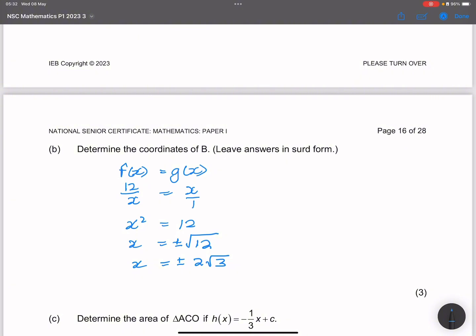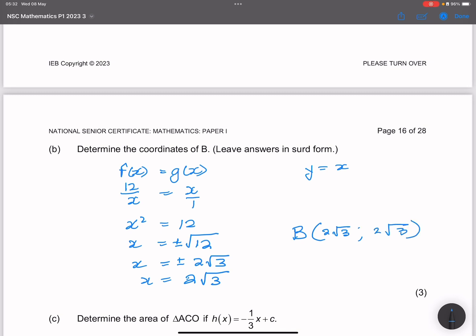So x will be equal to only positive 2 root 3. And they said the coordinates, so what would be the y coordinate of it? Remember we've got the line y is equal to x, which means whatever the value of x is, y would have the same value. So this would be 2 root 3 as well as 2 root 3.